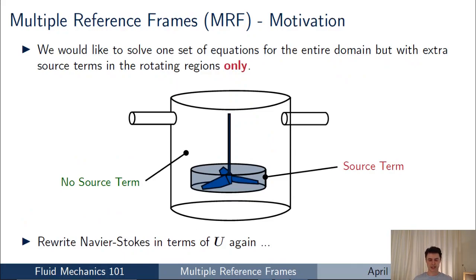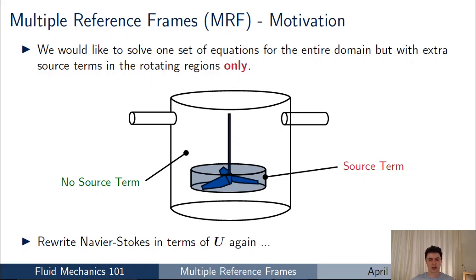And how we would like to set this up is we now have stationary parts of the domain, and so in those parts of the domain we don't want to have any source terms because we aren't rotating anything in that part of the domain, and we'd like to have source terms only in the region that's rotating.